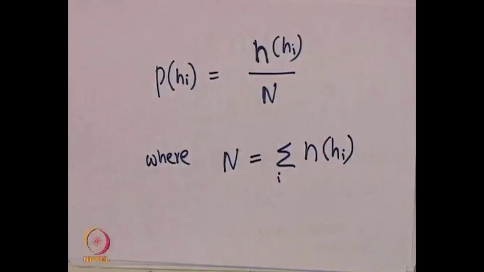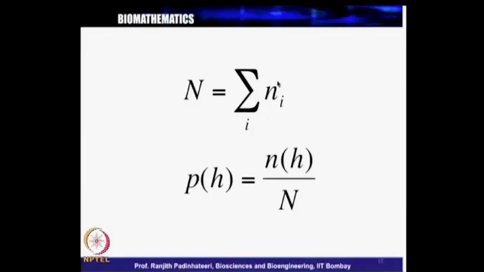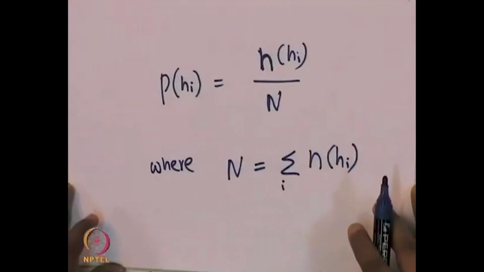Actually, in the slide here it should be N of Hi. So, I can write it here in this particular way. So, this is the correct way to write it.